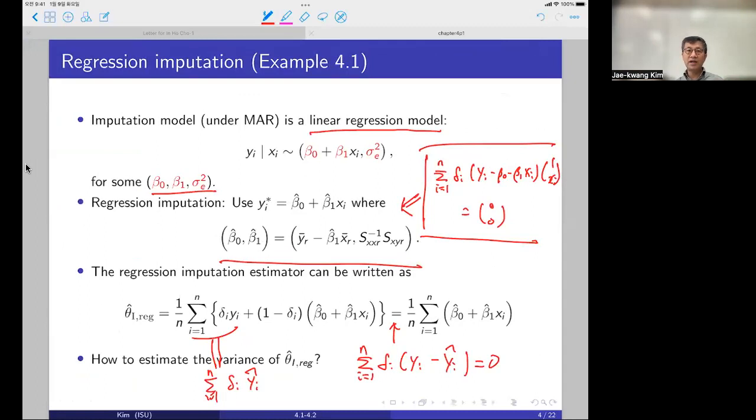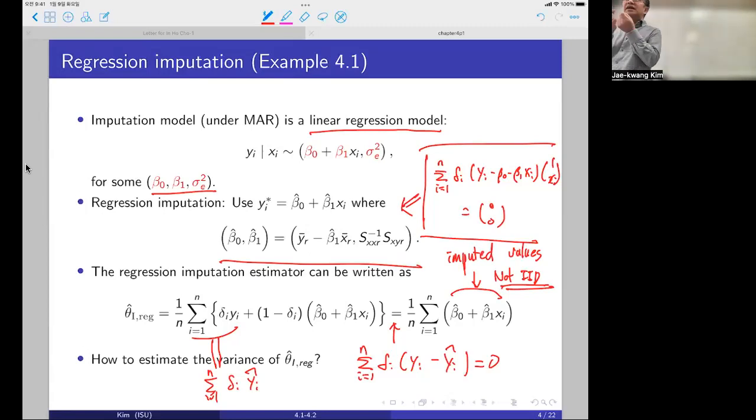We'll learn how to compute the variance of this. One immediate observation is that your imputed estimator is made of imputed values, and these imputed values are not IID. So that creates the whole problem.